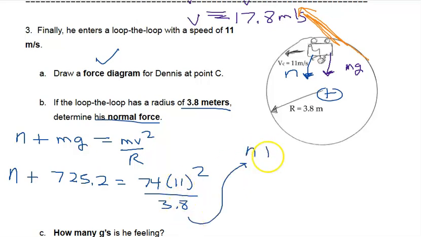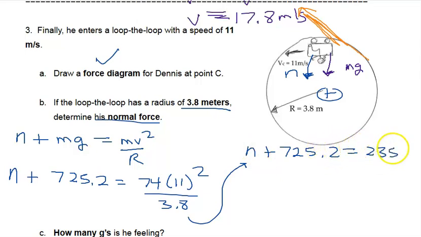So the normal plus his weight equals, when you multiply all that out, sorry, I'm just checking to make sure I didn't copy question 3 on question 2. I think I'm okay. So you get normal plus that equals 2356.